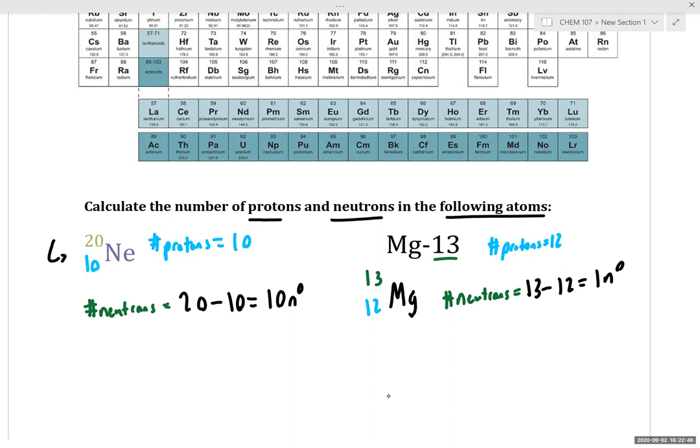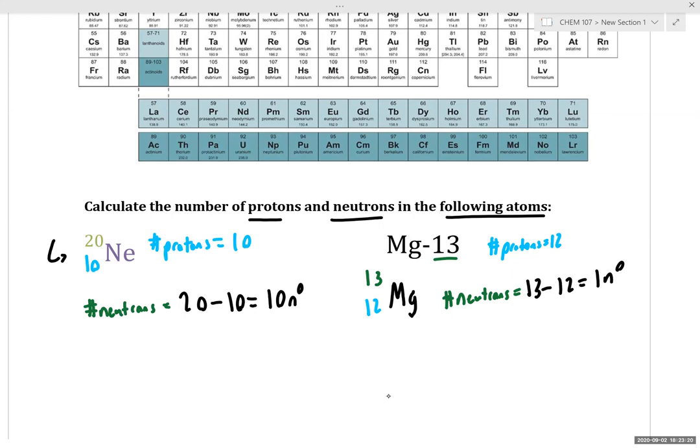Just to recap, protons are equal to the atomic number, correct? Yes. And then in order to find the neutrons, do we do the mass number minus the number of protons? Yes, that's exactly right.